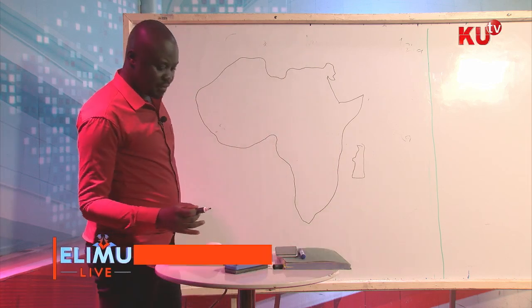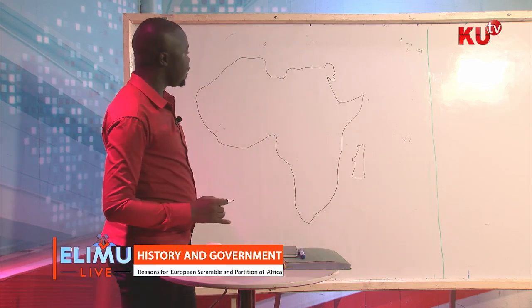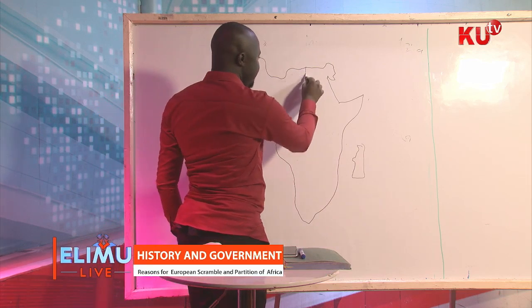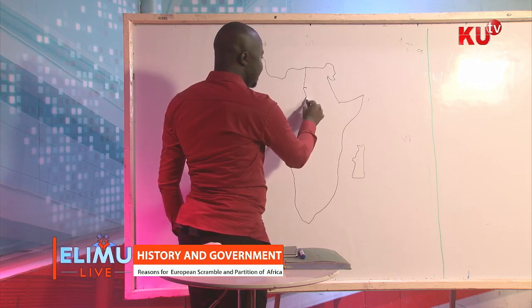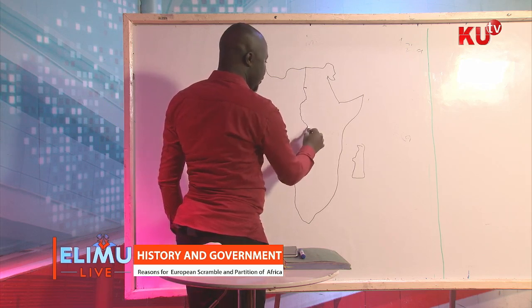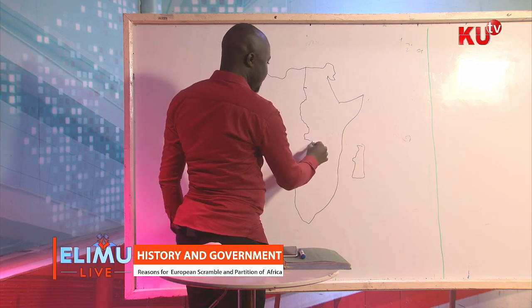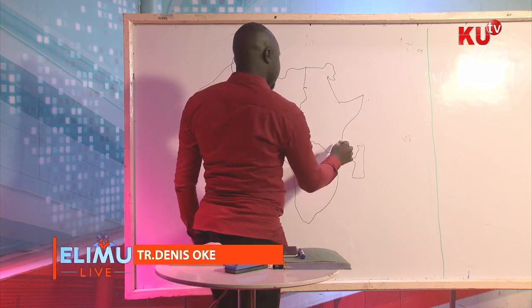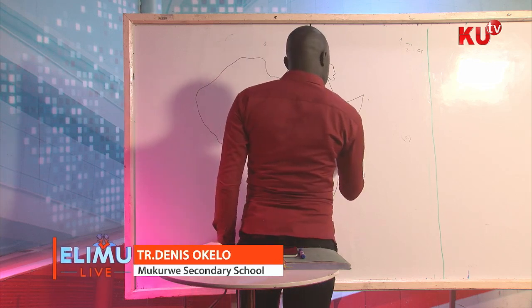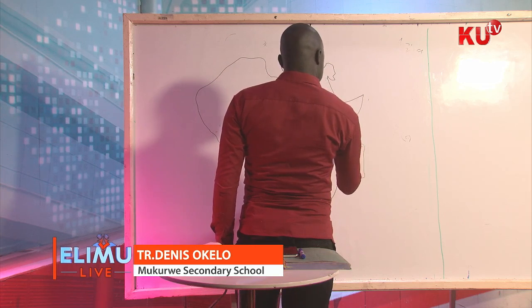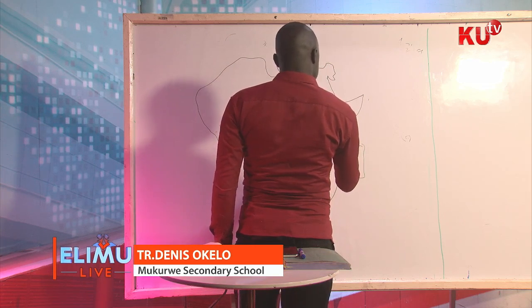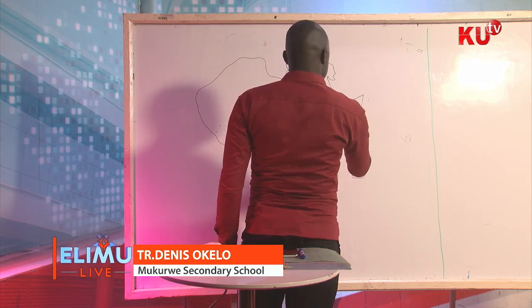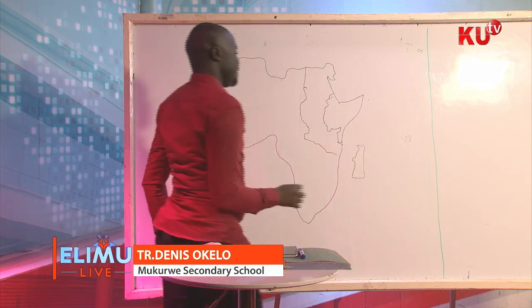If you look at the various countries which Britain colonized, you'll find that it started with Egypt, then the vast Sudan territory, Uganda, then Kenya. So I'll give it a go, something like this.